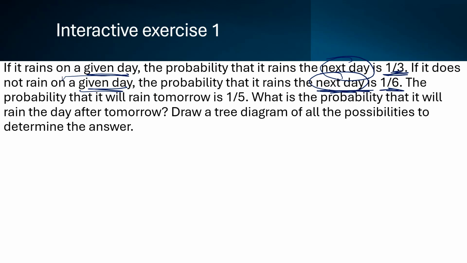Okay, so this is the trickiness of this question, in that when they say the probability that it will rain tomorrow is 1/5, this is that given day. So we're starting on tomorrow, then we'll say the next day. Okay, so we can start our branches on tomorrow, which will be that given day, any given day, but we're just saying tomorrow.